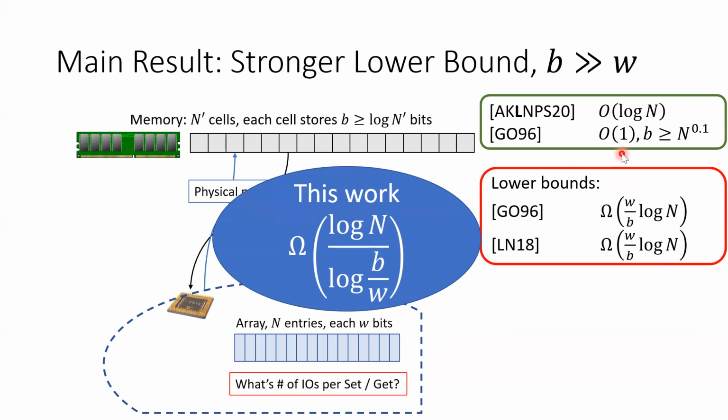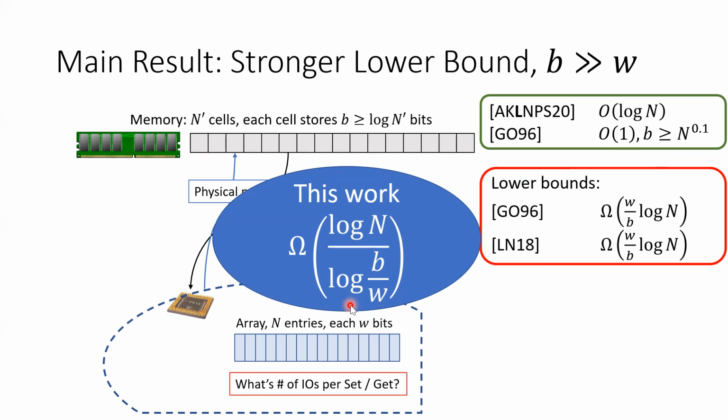Specifically, extending previous upper bound results, we can show matching upper bound. That's when B is something like square root in n. The IO efficiency is constant, and our lower bound matches this extreme case.